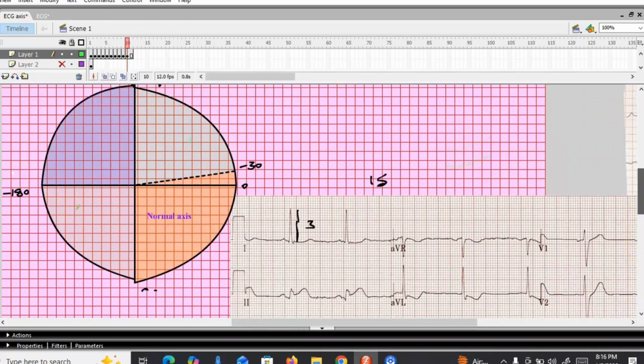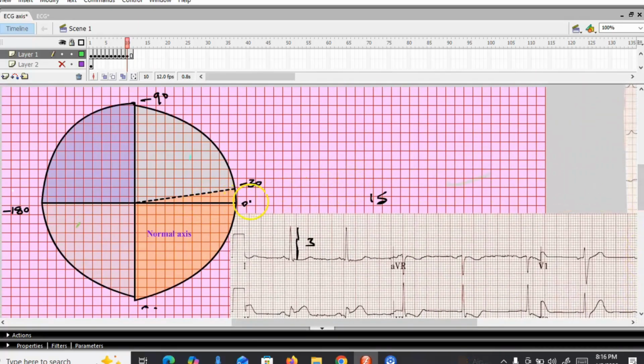So we can draw it on the graph paper. For example, if this is a graph paper, this is the x-axis, which is lead 1. We draw lead 1 over here, and this is lead 3. Understand? Got it? Now for example, this is around 3 big squares, so I take 3 centimeters, arbitrarily. 1, 2, 3.